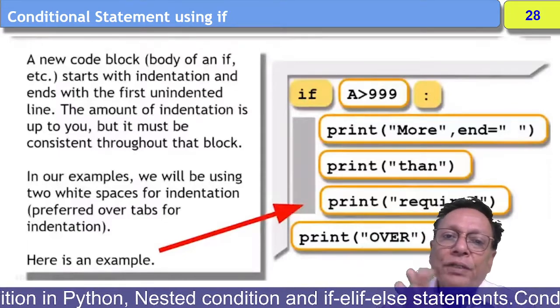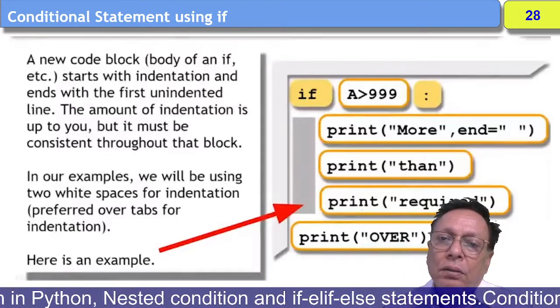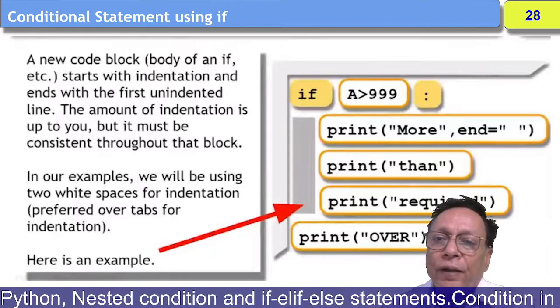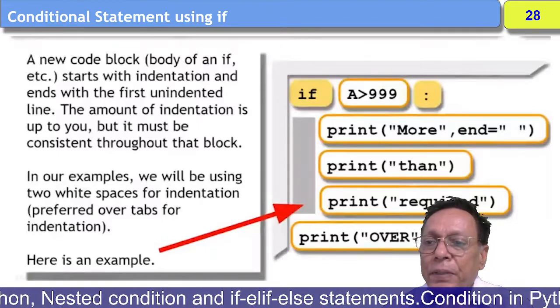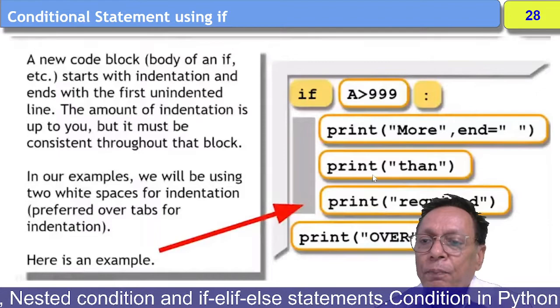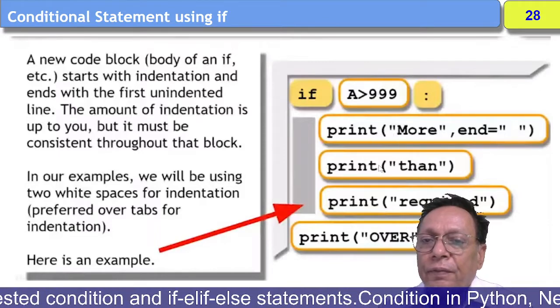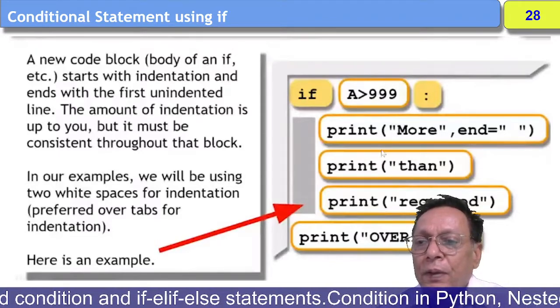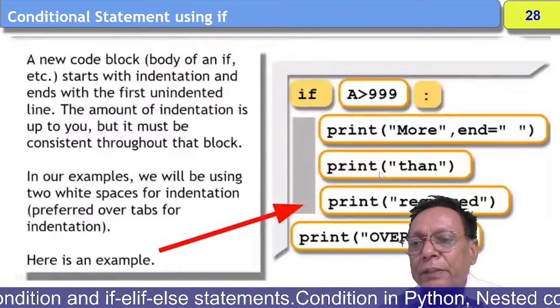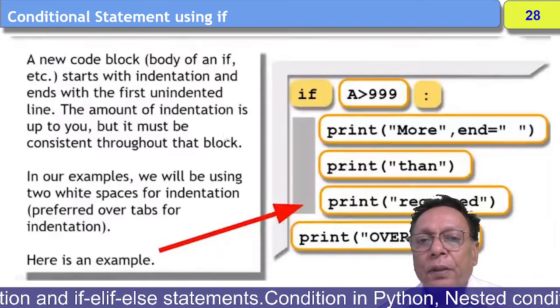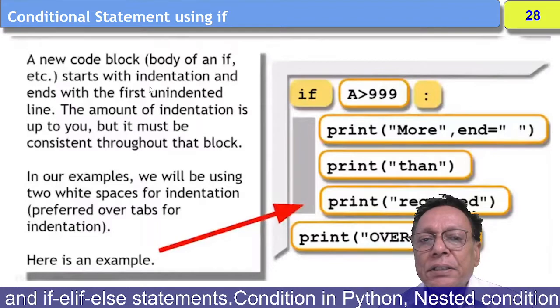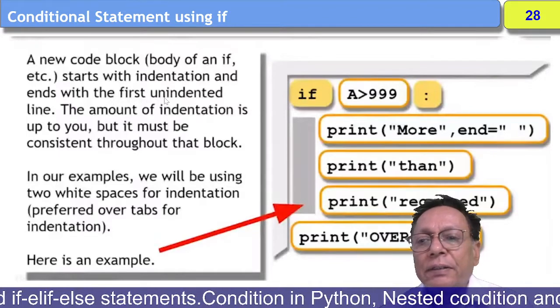Over here, you see a new code block, the body of an if, etc. Here, the block of 3 statements, 1, 2 and 3, starts with indentation and ends with the first indent.